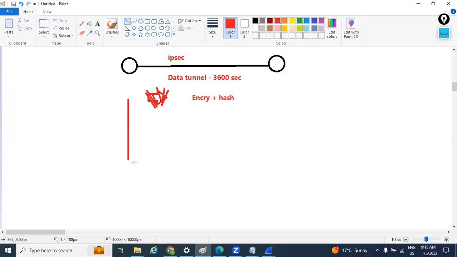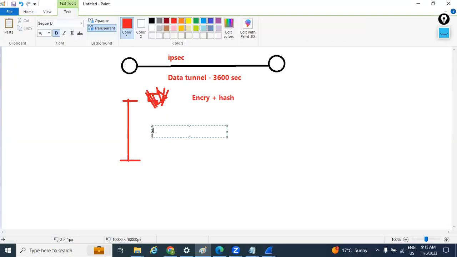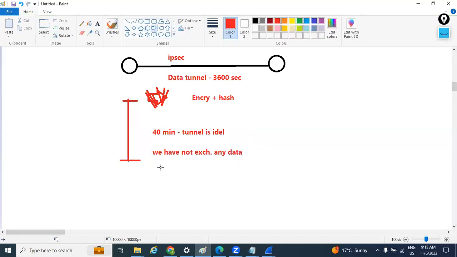Let's consider it's been 40 minutes. The tunnel is idle, we have not exchanged any data. After 40 minutes, I want to exchange some data here.